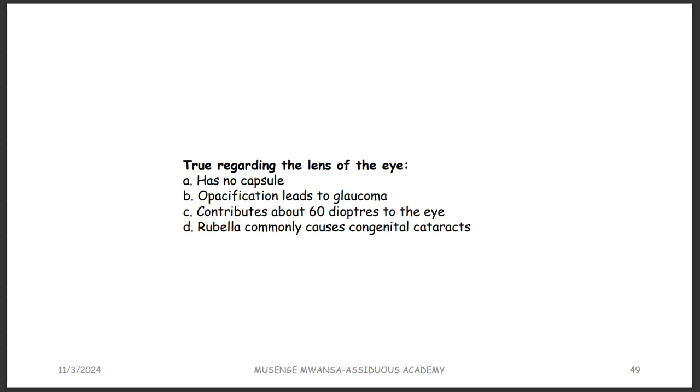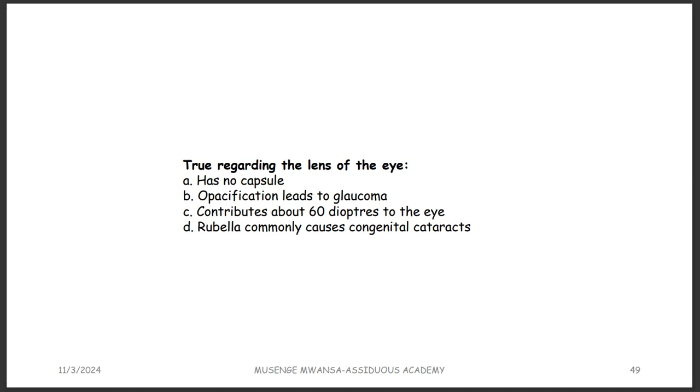Something you can use so that you don't forget: look at the cornea and look at the lens. Which one is more curved? The cornea is more curved, so its refractive power is more than the lens. The refractive power of the cornea is 42 and that of the lens is 23. You can find their focal lengths by simply taking the reciprocal of those numbers.